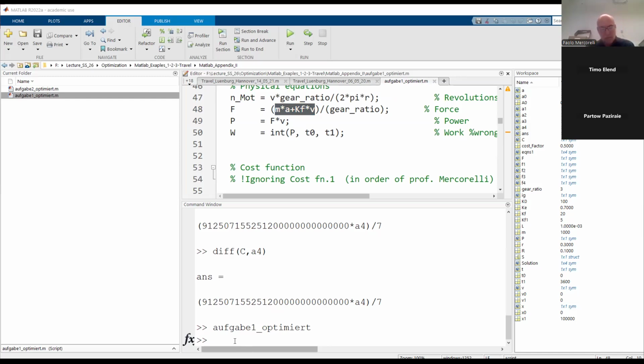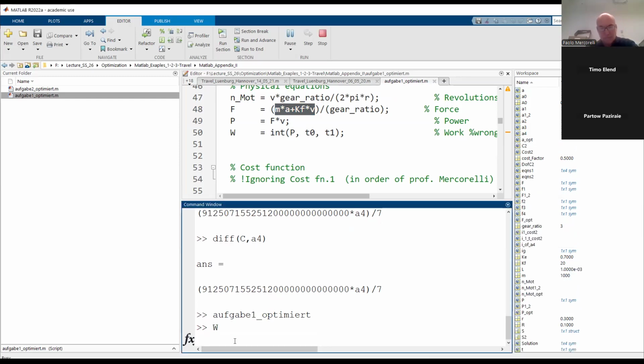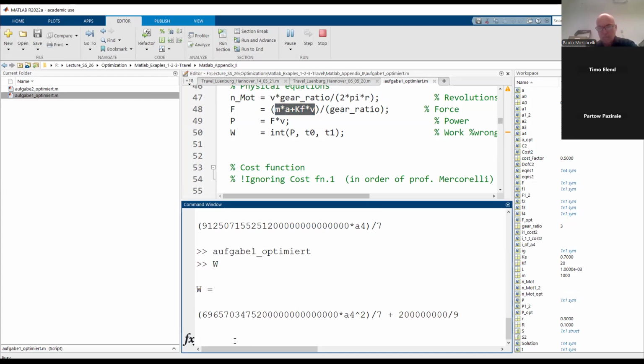Let me look at W. Probably this is the same solution as before.